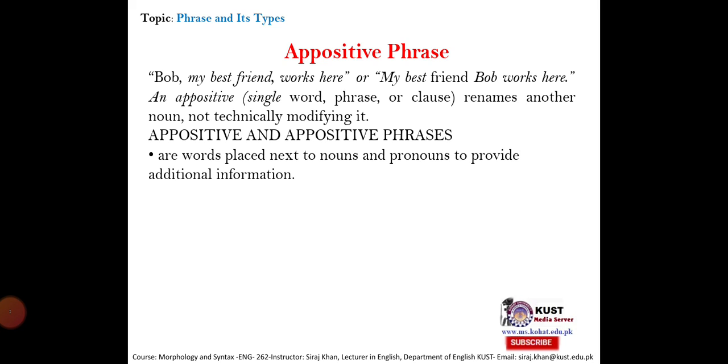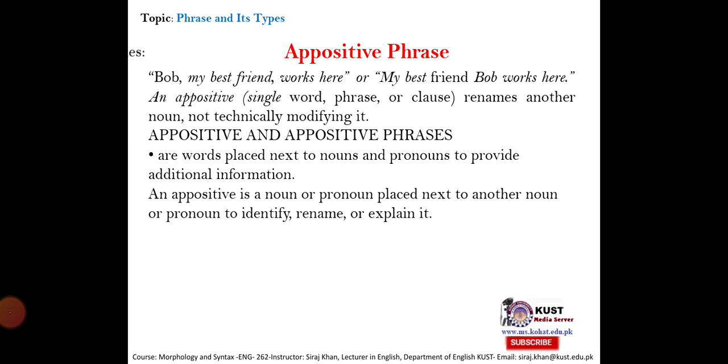So here the appositive phrase is providing additional information about Bob. An appositive is a noun or pronoun placed next to another noun or pronoun to identify, rename, or explain it.